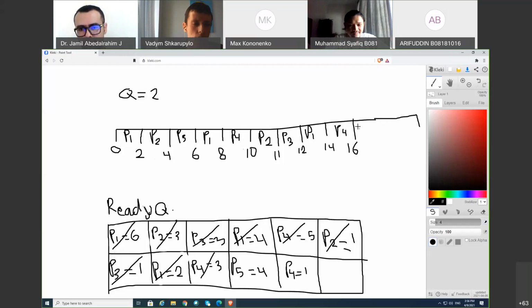Then P5 until 18, and write down P5 equal to 2. Okay. Next, P4 until 19. Cross it, and P5 until 21.